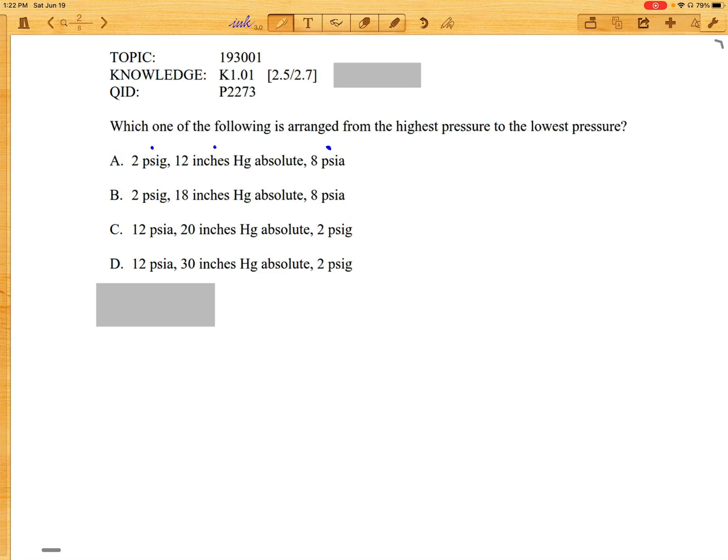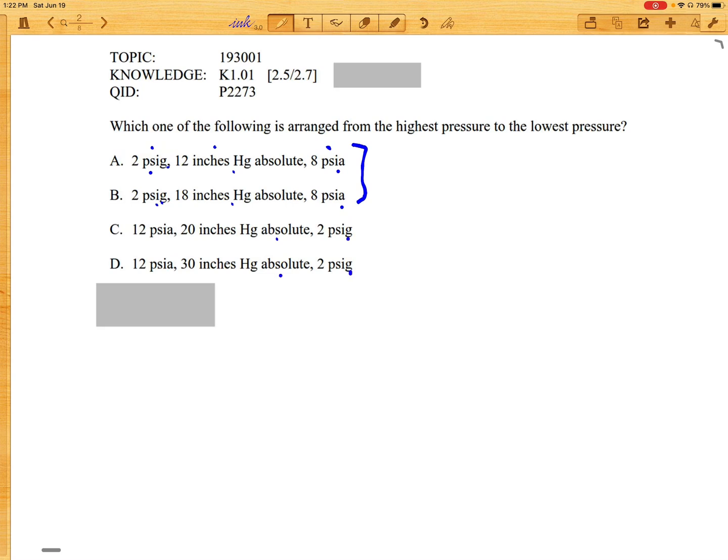And so you got 2 psig, 12 inches mercury absolute, 8 psia, psig, inches mercury absolute, psia. Those two are going to go together somehow because they've got the same units. This is psia, inches mercury.